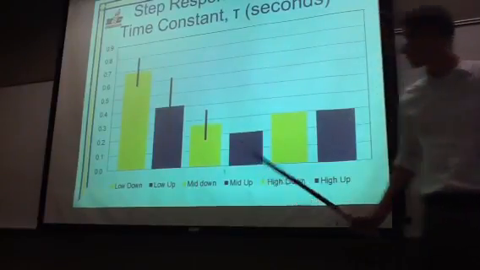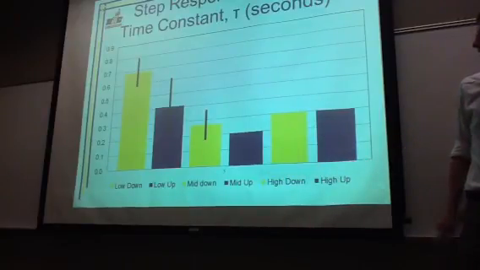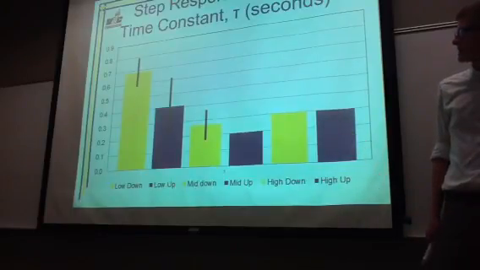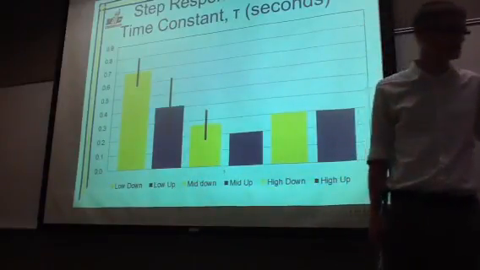And once again, for the step up function, the middle and the high regions had roughly the same values in the 0.2 to 0.3 seconds range, and the lower region had a value of 0.4 seconds.